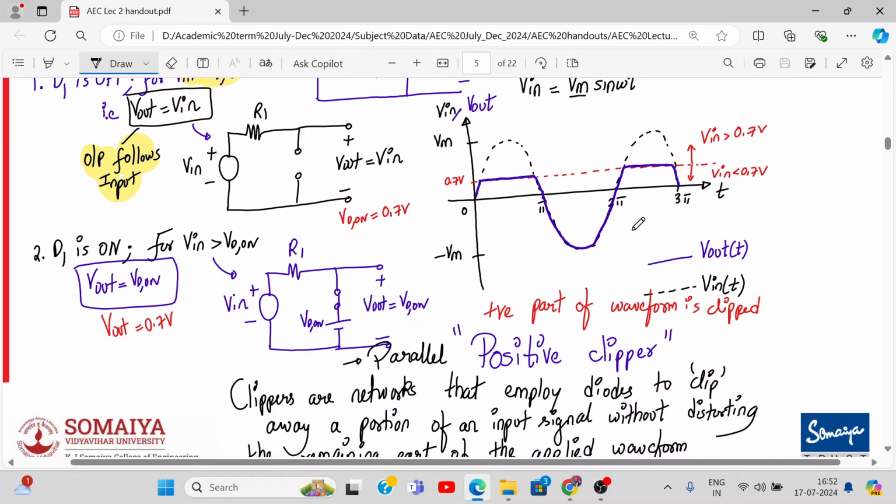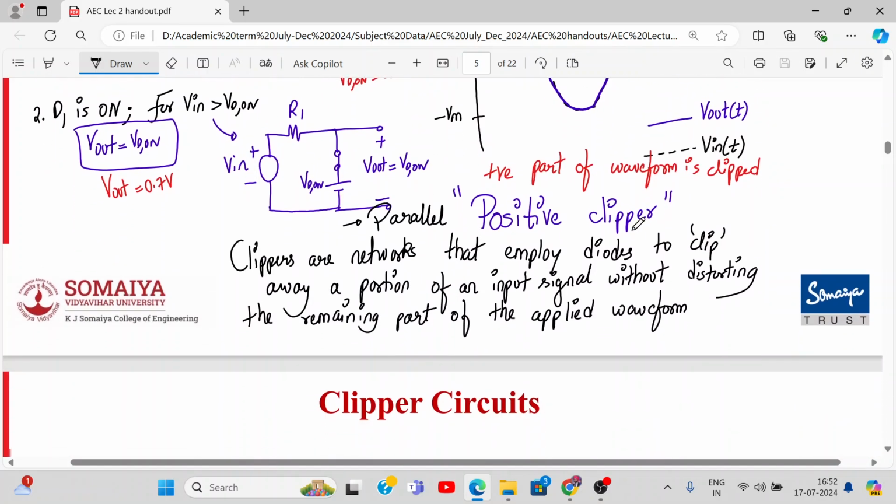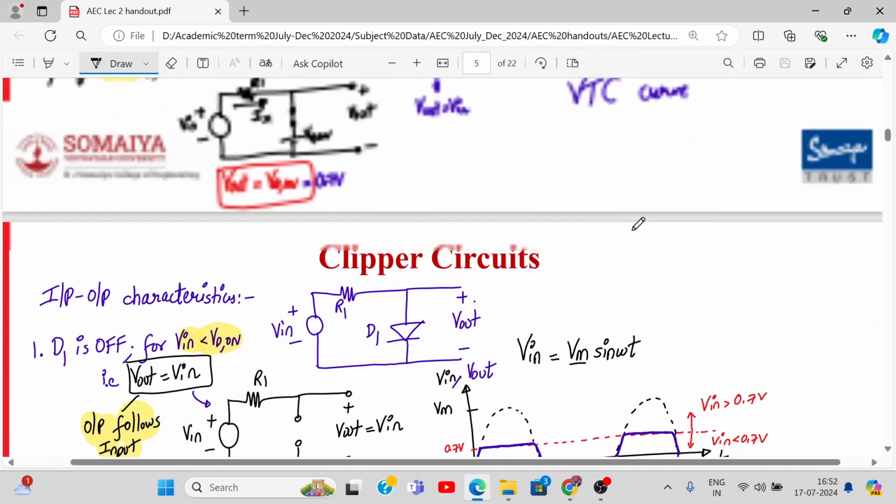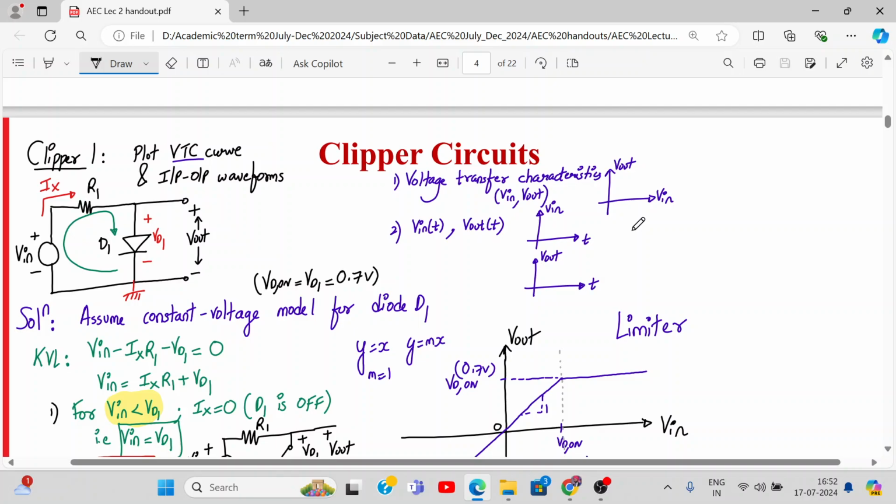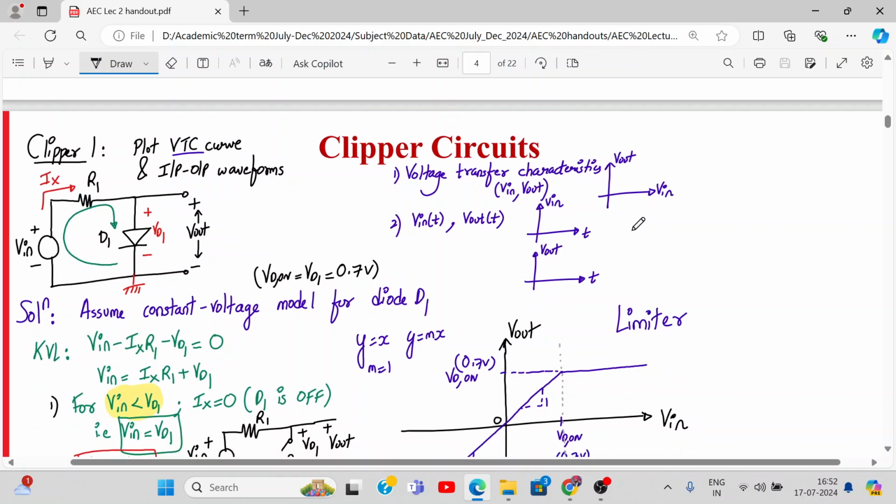Okay, all right. Now, you need to repeat this as a home assignment using the ideal diode model.